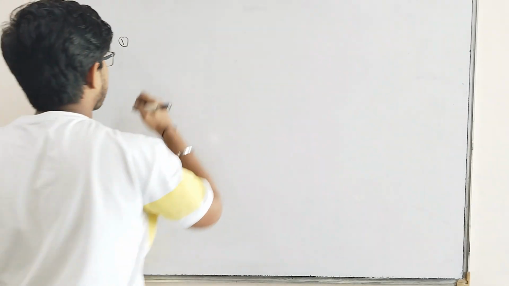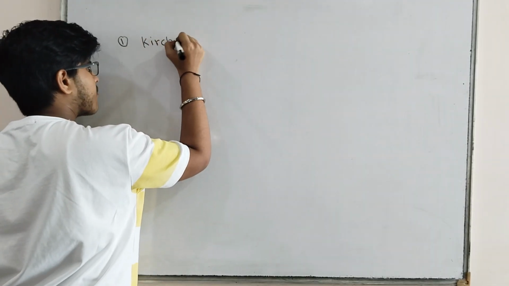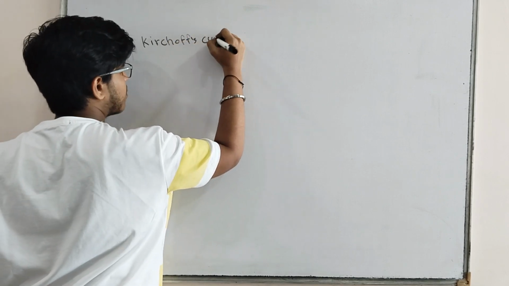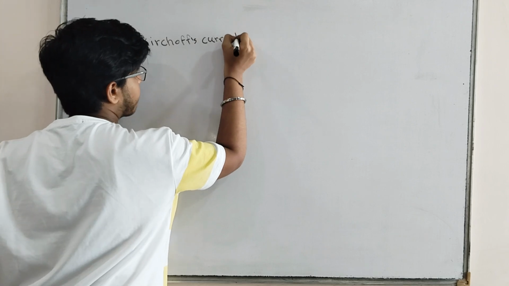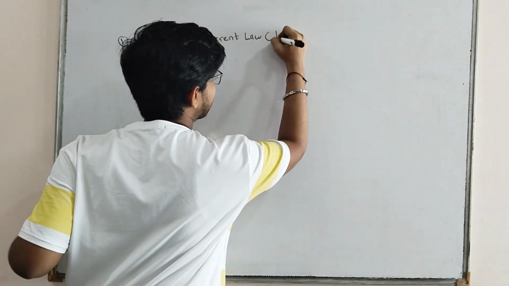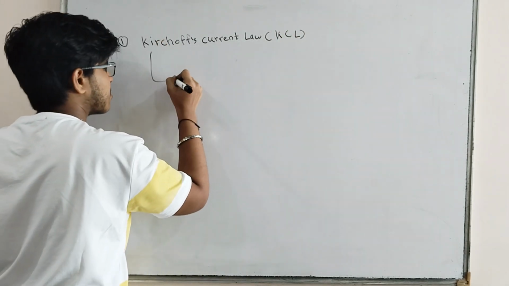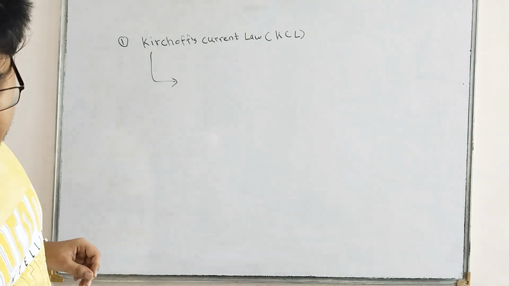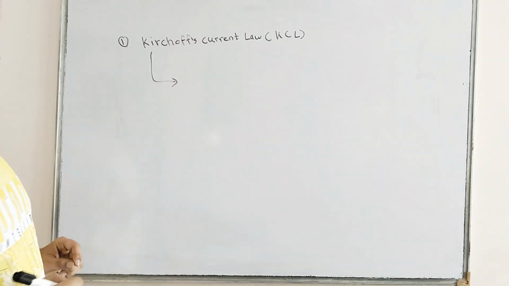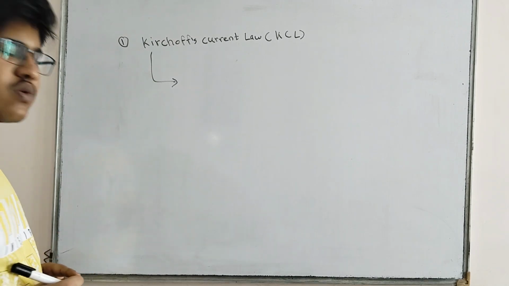Kirchhoff's current law, also written as KCL. What does this law state? The algebraic sum of currents meeting at a junction or node in an electric circuit is 0. I will write it.